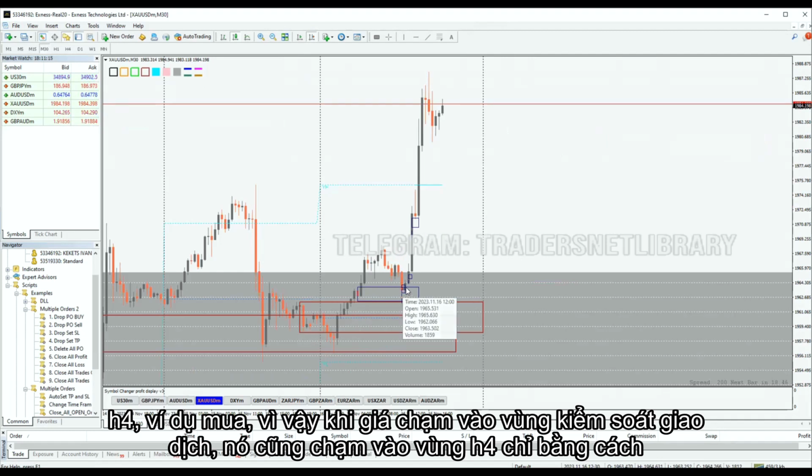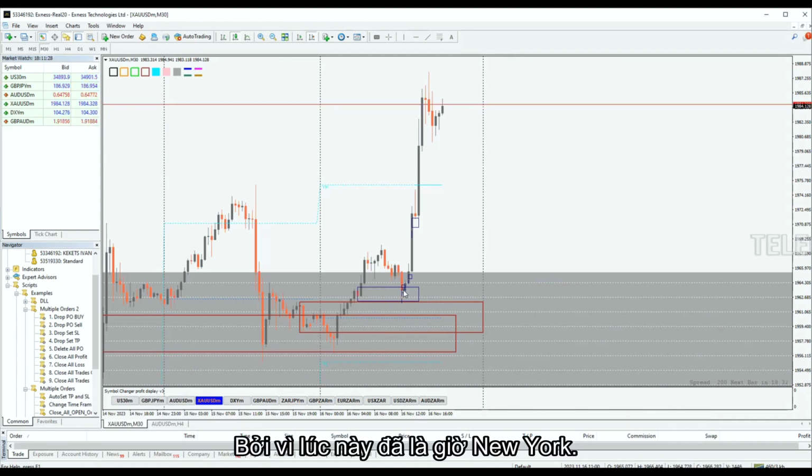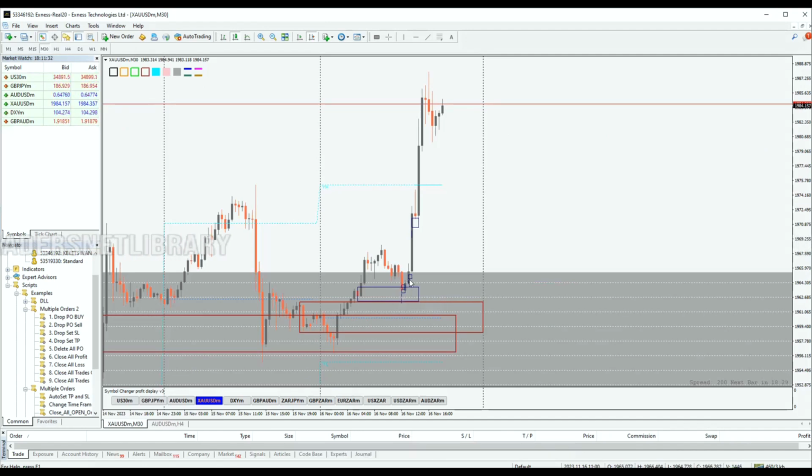When price tapped into trade control, it also tapped into the H4 zone just by some pips, but I was focusing on this trade control because I already know that we are bullish, and by this time it was New York open.